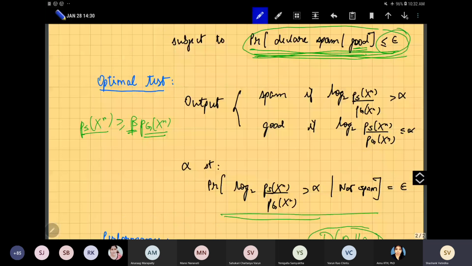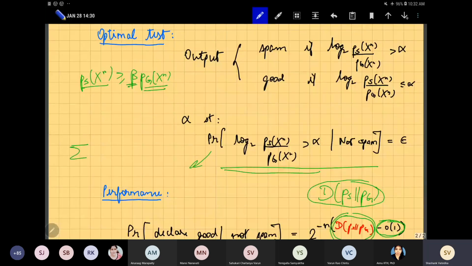So this probability is basically the sum over all possible x^n such that log of P_S of x^n by P_G of x^n is greater than alpha, of P_G of x^n, which should be less than or equal to epsilon.